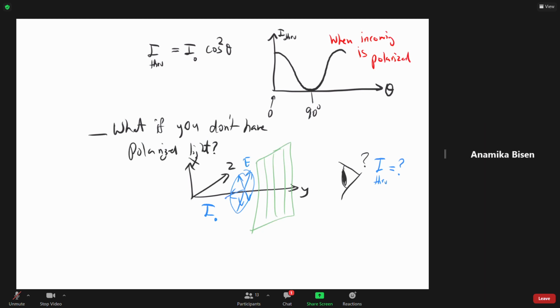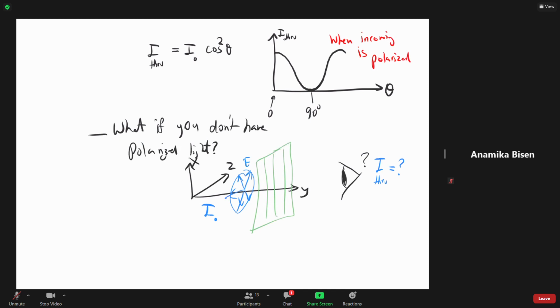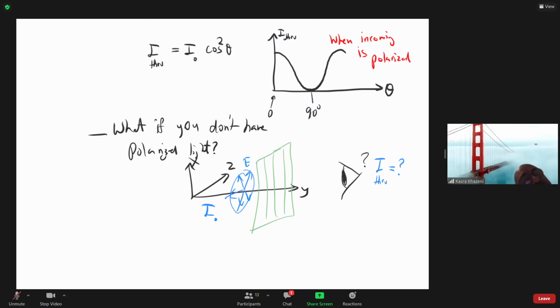Would it just be of the one that's directly parallel to that? Yeah, but the intensity of incoming light is measuring all those electric fields at all those directions, right?